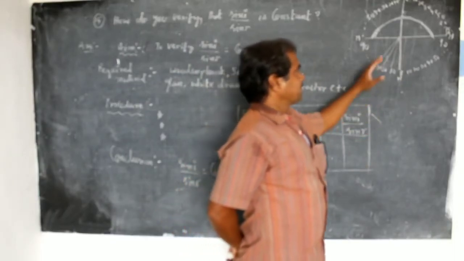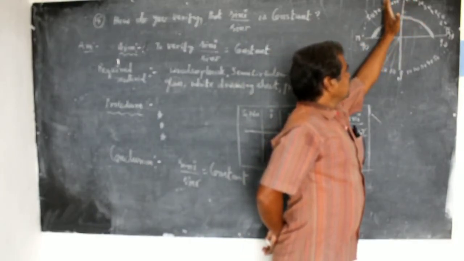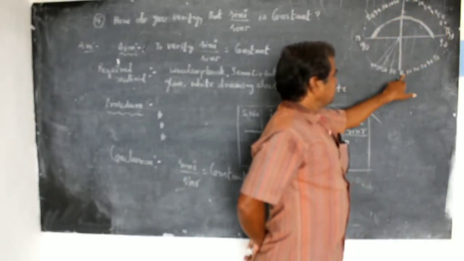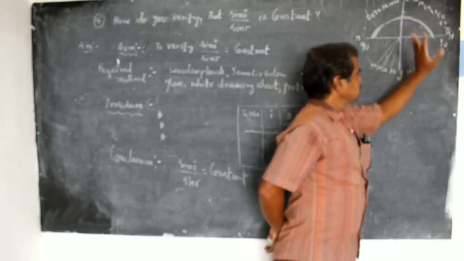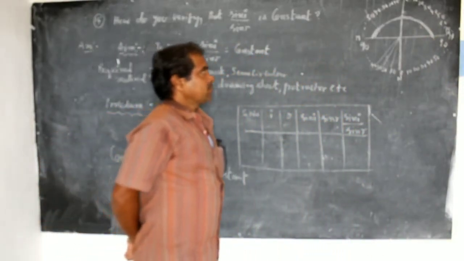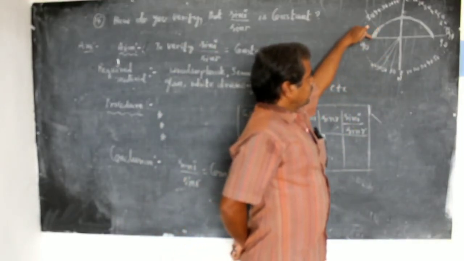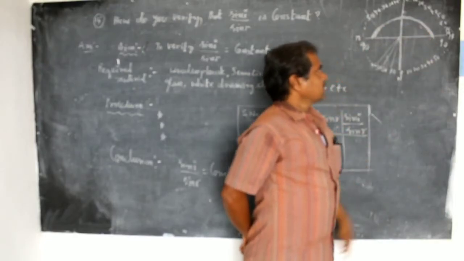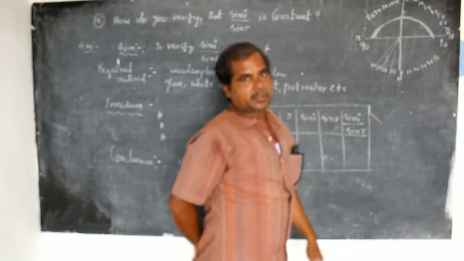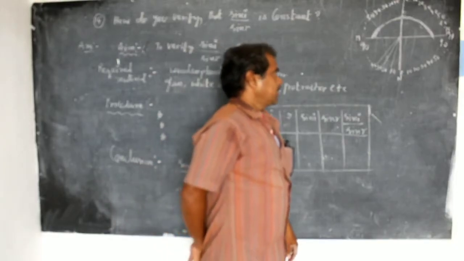By using a protractor, mark the angles on both sides of NN from 0 to 90, like this. And place one semicircular glass in such a manner that the base of the semicircular glass coincides with the horizontal line MM.